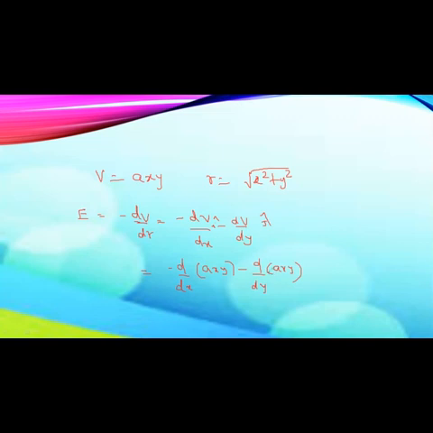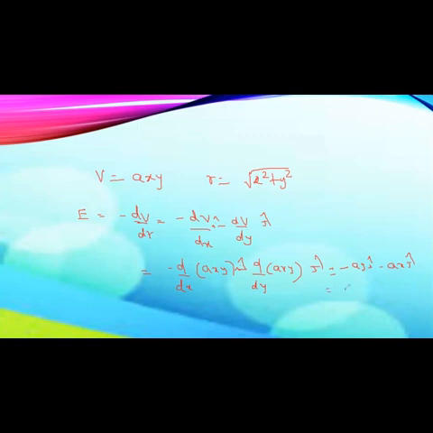Of course, it is dou by dou x and dou by dou y. So the derivative for the first one will be ay I cap, minus, in the second case, ax j cap. This is the electric field intensity.